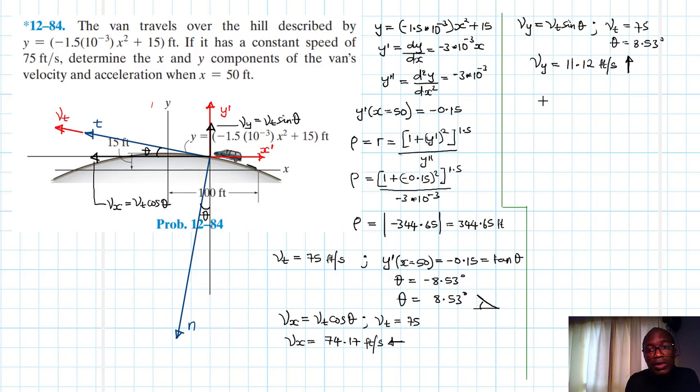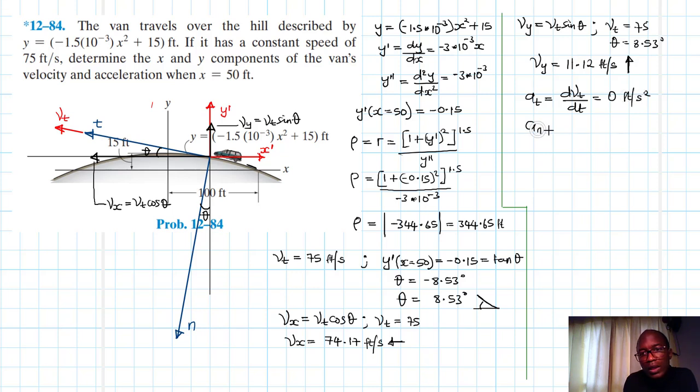So we need to find acceleration. Like we said, at is equal to dVt/dt, and this is just going to be equal to 0, 0 feet per second squared.